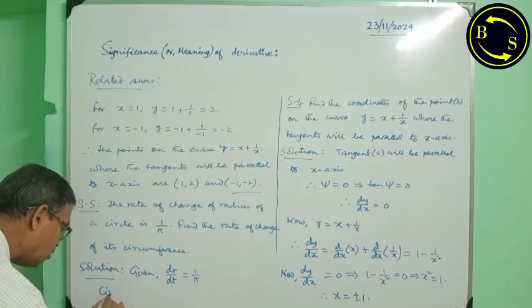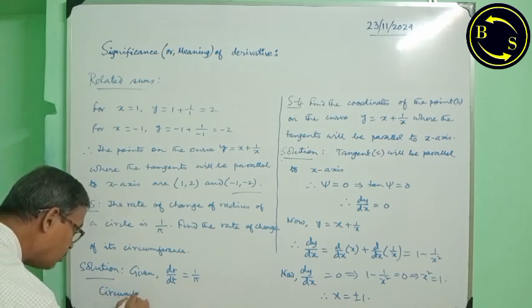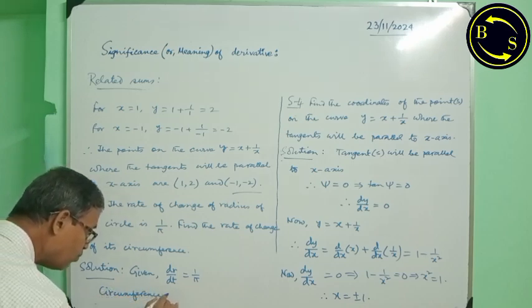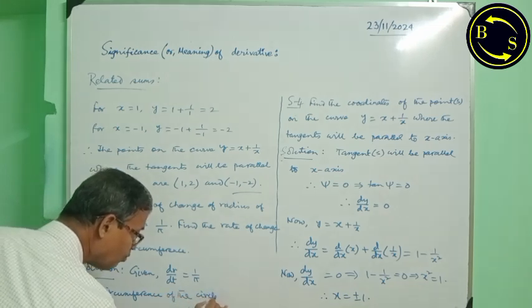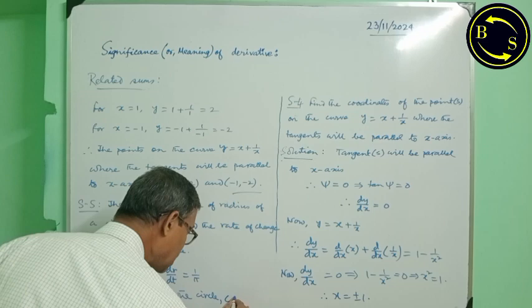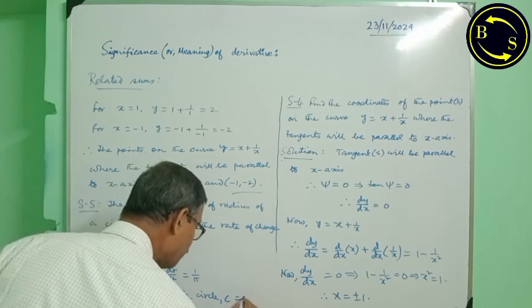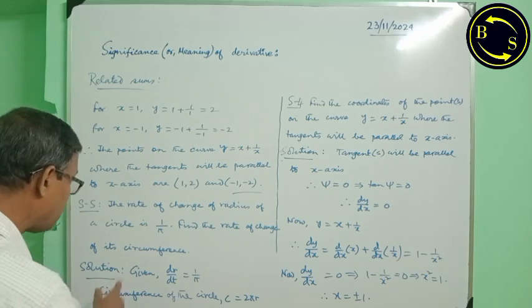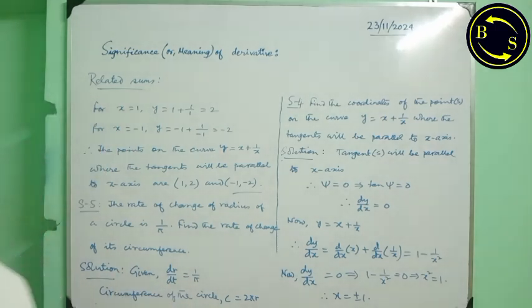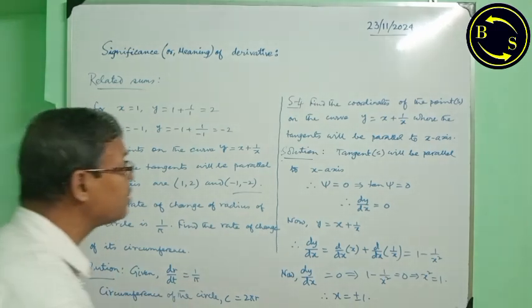Circumference of the circle C is equal to 2 pi r. We have to find the rate of change of this circumference. That means we have to find dc dt.